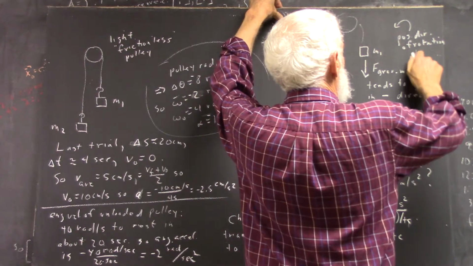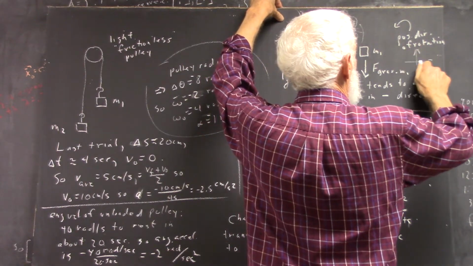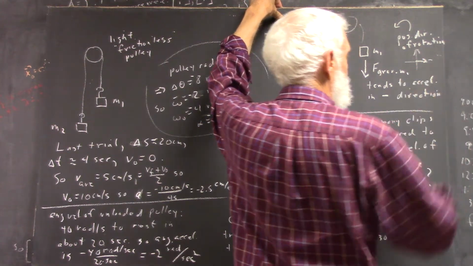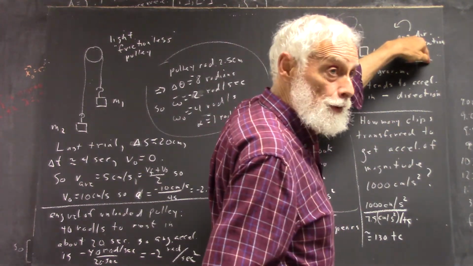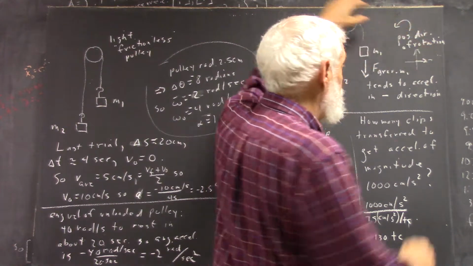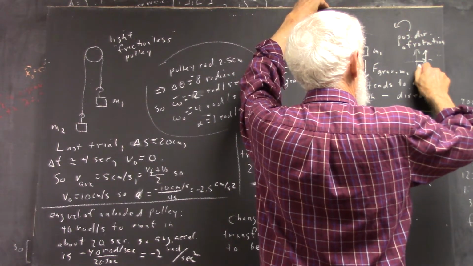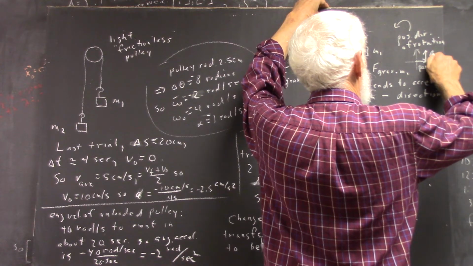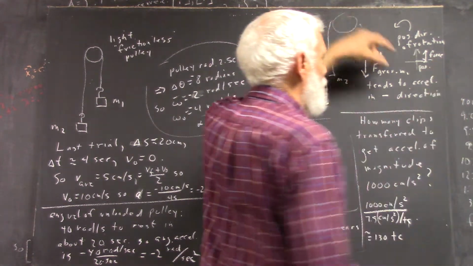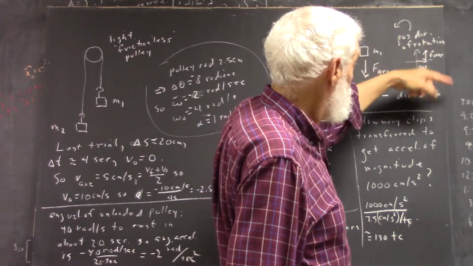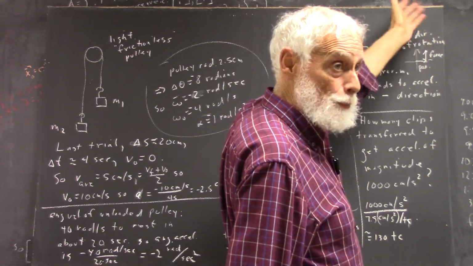If you have an X and a Y axis, and you have something at this position, the position that's indicated by this vector, and a force that's indicated by this vector, that position is positive and that force is positive according to the directions of the X and Y axes, right?